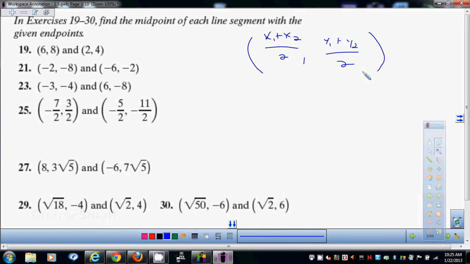Let's start with 23. So x1 plus x2 and y1 plus y2, which is 3 over 2 and negative 12 over 2, and there's your coordinate.